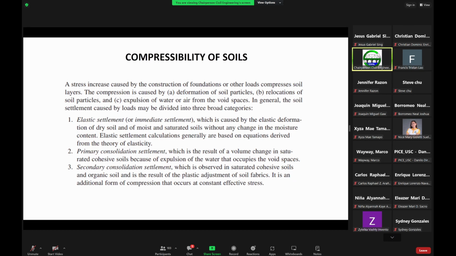That means it is below the groundwater level, due to the expulsion of the water that occupies the void spaces. So water is being expelled out of the void spaces in your soil matrix.